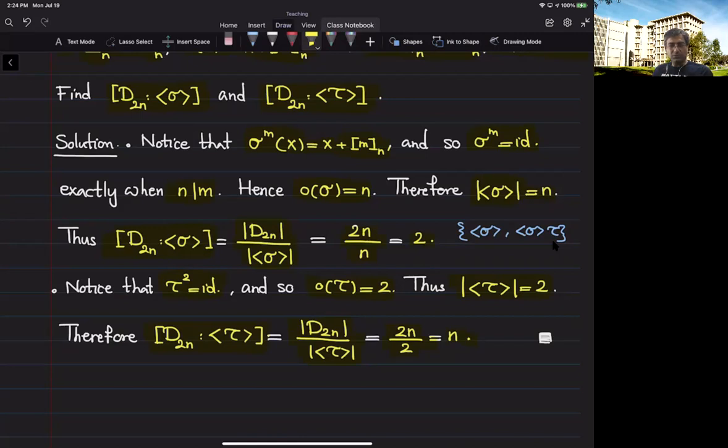From this, we deduced that the order of every element divides the cardinality of the group, and therefore g raised to the power of the cardinality of the group is always the neutral element of the group. Using this, we deduced Euler's theorem in classical arithmetic and Fermat's little theorem. And we saw some examples in the case of the symmetric group and dihedral group. We continue in the next video later.